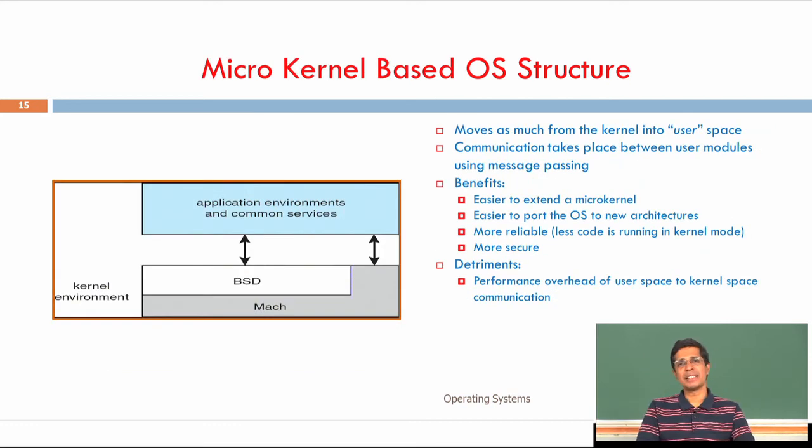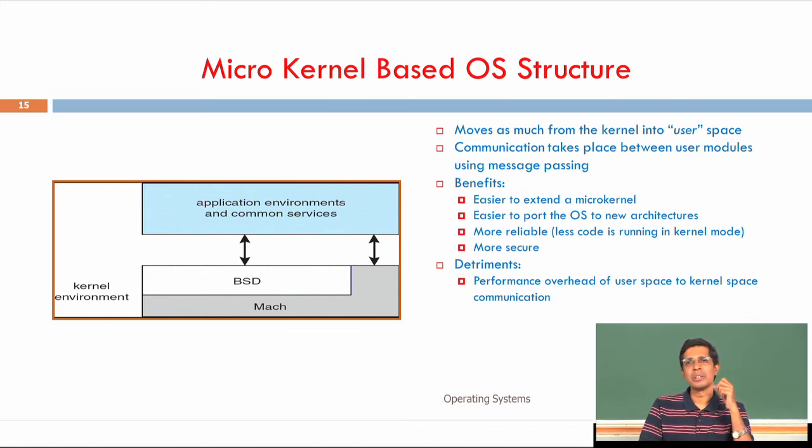One of the interesting things that has come up in recent times is the microkernel based OS structure. So I take the kernel, and a lot of things that are very close to the user space, we push into the user space, and essentially what remains is a very small part of the kernel, which we call the microkernel.